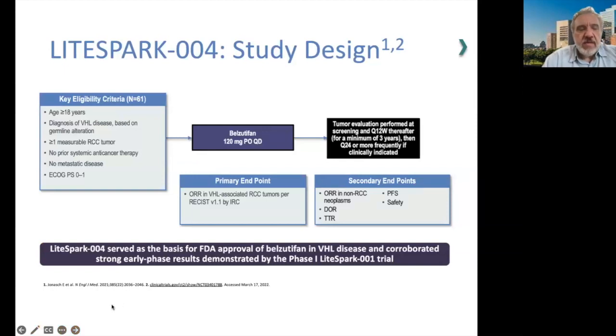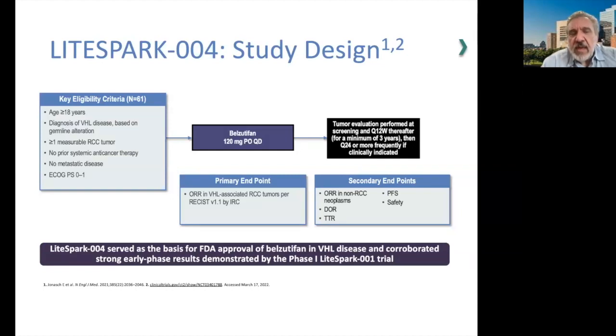So here is the seminal study, of which we still have a lot of data and we study it, that established this medication as a treatment for VHL disease. The study started in 2018, I believe. It involved at the beginning 61 patients.